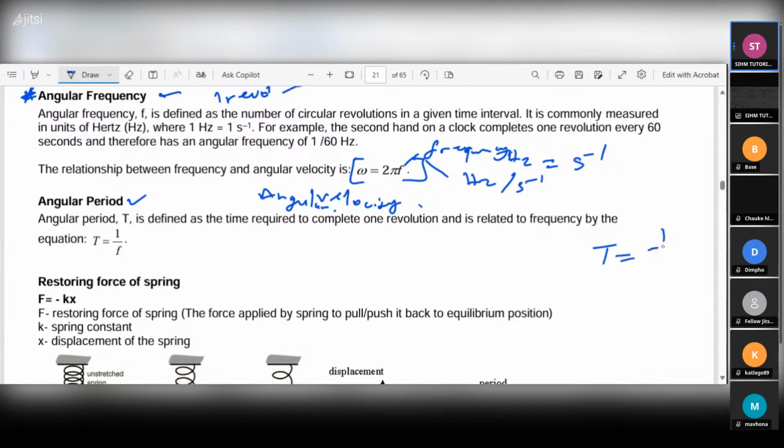The period is equal to 1 divided by the frequency. So the frequency is the one that we're going to get here. We can also get the frequency from 2 pi. Oh sorry, I'm making some mistakes.